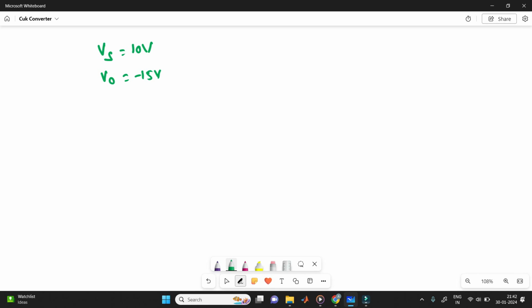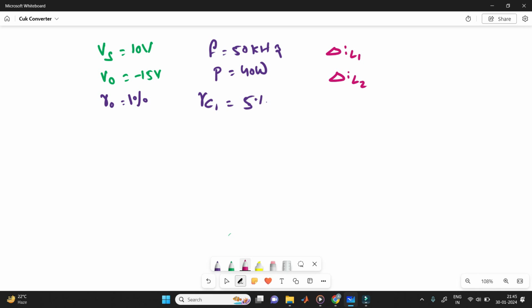I am assuming ripple content as 1%, frequency as 50 kHz and load power as 40 watts. We also need to assume the ripple voltage across capacitor 1 is not more than 5%, so I am taking 5%. And the change in inductor currents is not more than 10%, so I am assuming 10% and 10%.